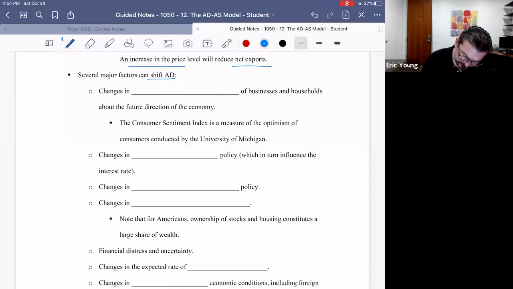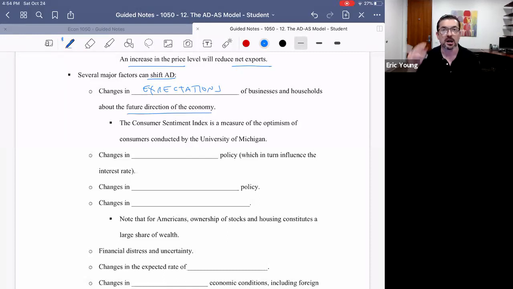Well, the first one would be changes in the expectations that businesses and households have about the future direction of the economy. So changes in expectations, both from the household view and the business view. Changes in expectations about where the economy is headed, about the future direction, that's going to impact today's consumption.